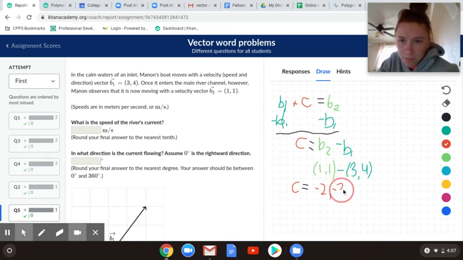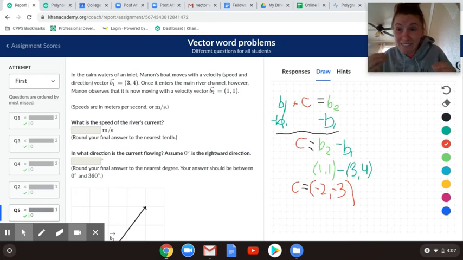So my current was going in basically the opposite direction, and so that's why it changed so much. So that's my current vector.